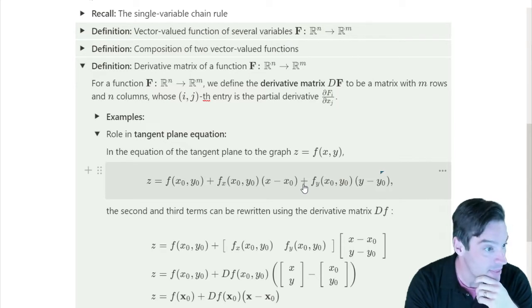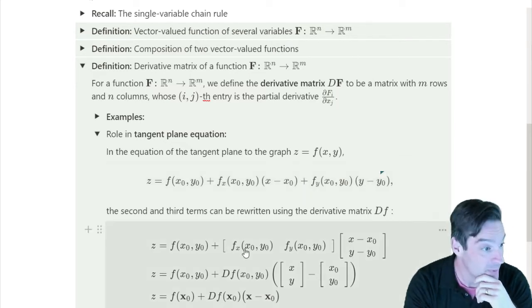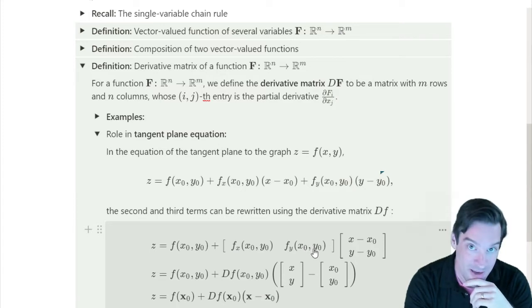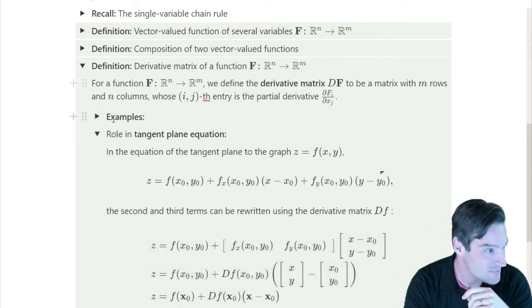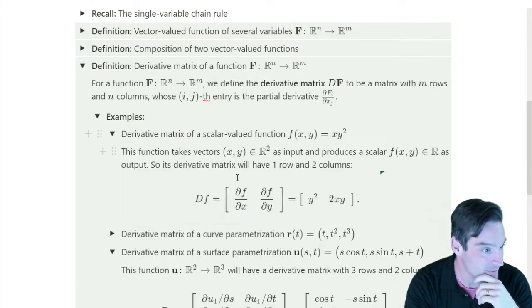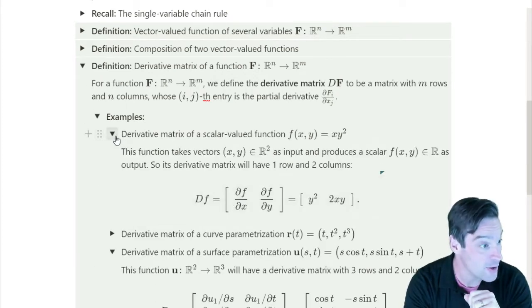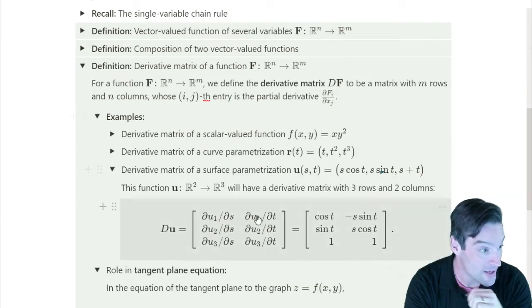Well, we can represent that as the multiplication of a 1 by 2 matrix, which is exactly the derivative matrix that we talked about before for a scalar valued function, right? It was just the x and y partial derivatives written as a row matrix.